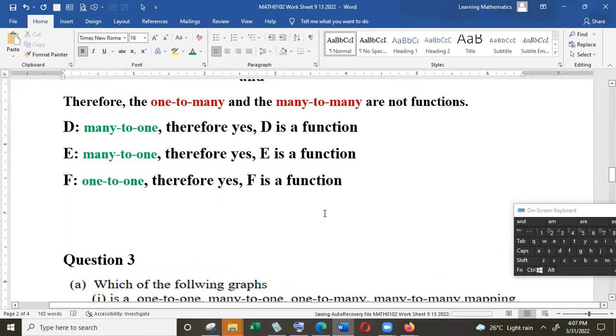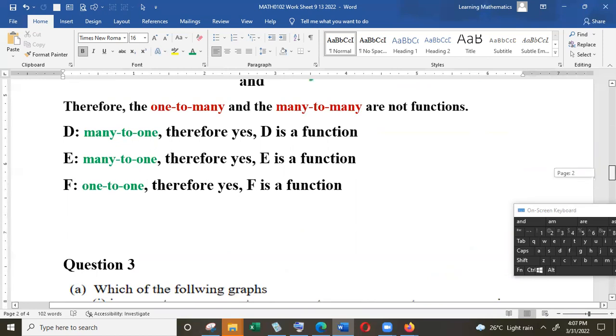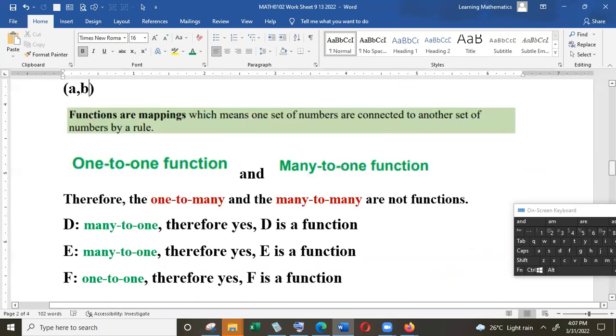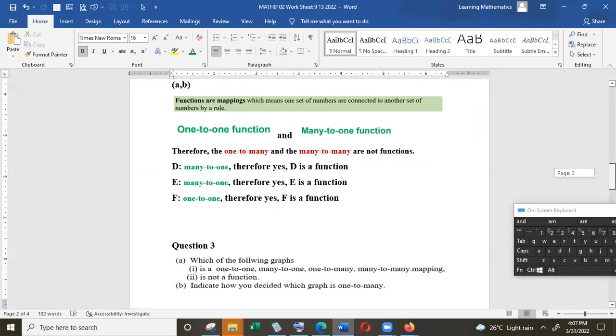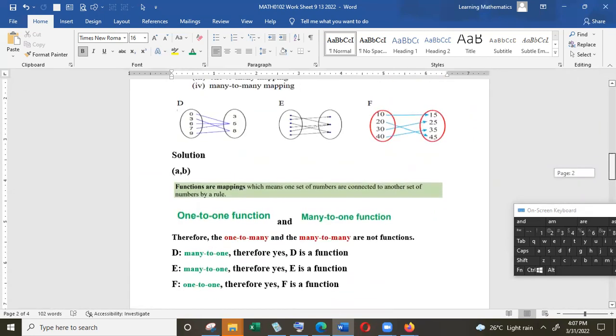So we have answered number 2, A and B in its entirety. So all 3 are functions. 2 of them are many-to-one, and 1 is a one-to-one. D and E are many-to-one, so that's a function. F is a one-to-one, that's another function.